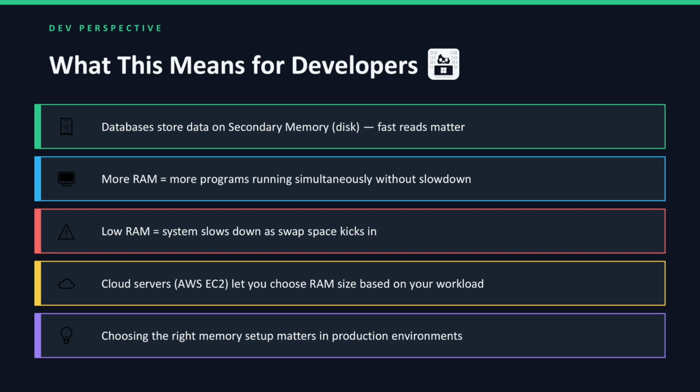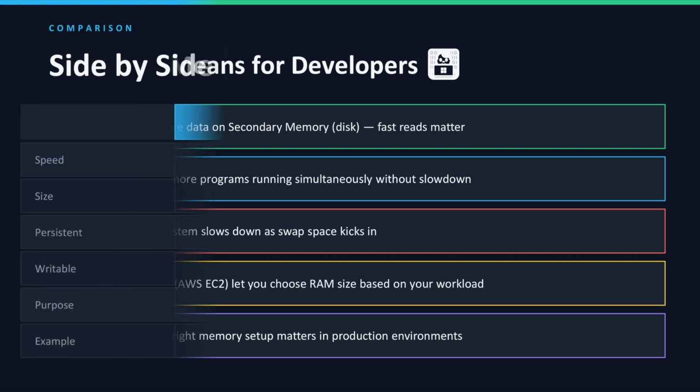When you work with cloud infrastructure like AWS EC2, one of the key decisions you make is how much RAM your server needs. A memory intensive application like a data processing job needs much more RAM than a simple web server. Understanding memory helps you make those decisions confidently.